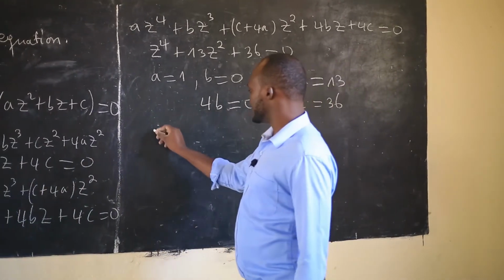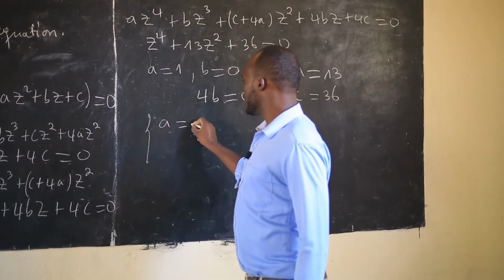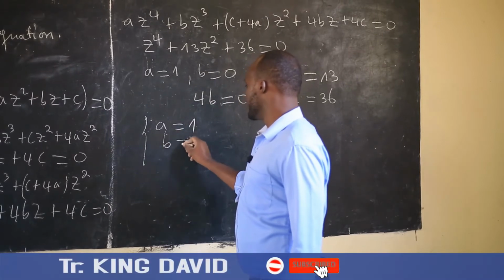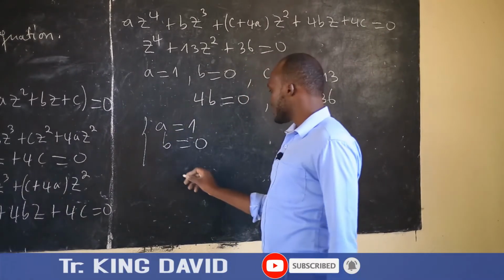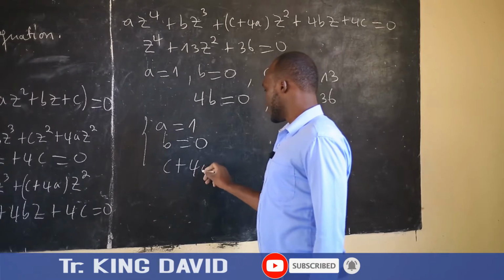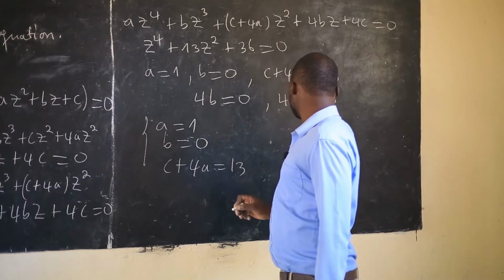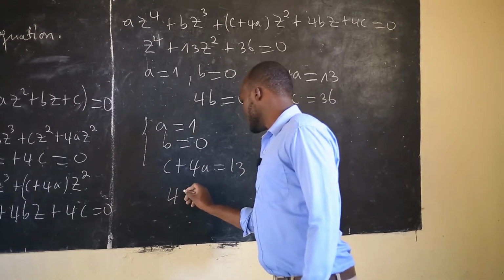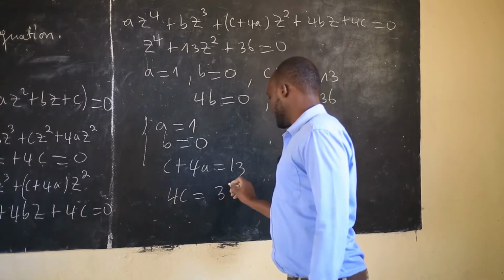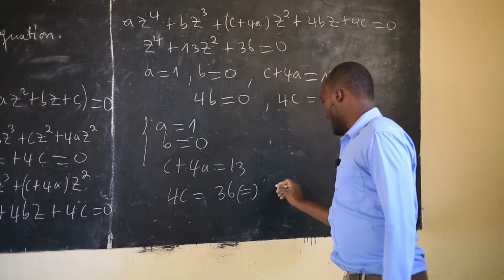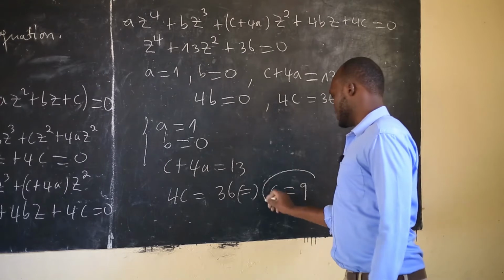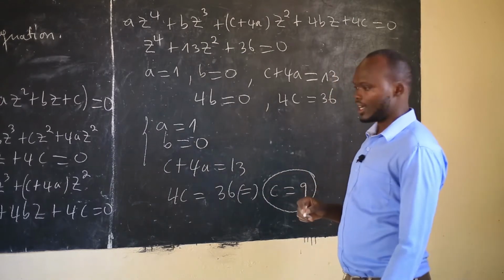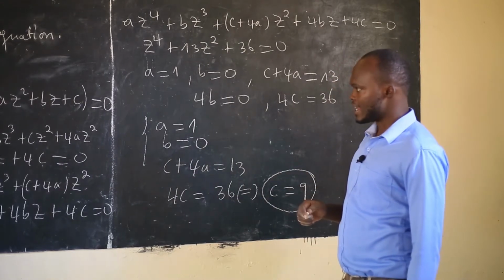So what does it mean? It means that our a will be equal to 1, our b will be 0, our c plus 4a is 13, our 4c is 36, which means that our c is 9.